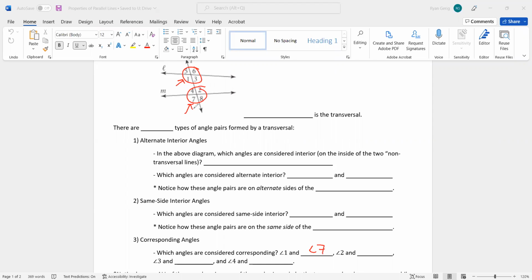Angle 2, what goes with angle 2? Let's look where angle 2 is at. It's at the upper right, so angle 6 would be the upper right. Angle 3 is the bottom right, so the bottom right would be angle 8. And then you can probably guess the last one, angle 5 and angle 4.